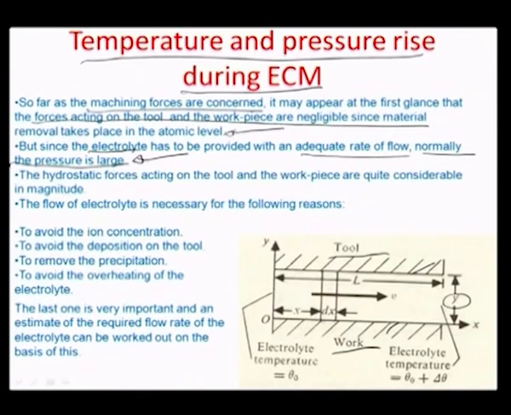at that level the rate of flow should be such that the amount of heat that is transferred because of the current density from the tool to the workpiece that is established, and subsequent removal processes at the workpiece, can be taken care of in terms of the amount of heat stored within the electrolyte material as it flows.